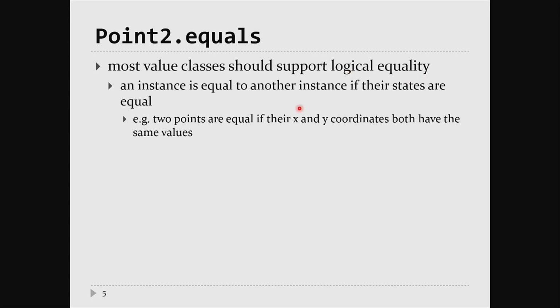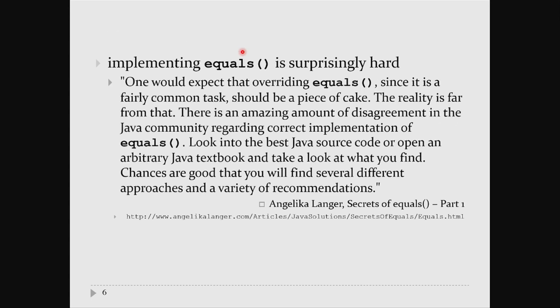Logical equality is: do two objects have the same state? In other words, do two points have the same x and y coordinates? That would be the expected behavior of equals in a class like Point2.